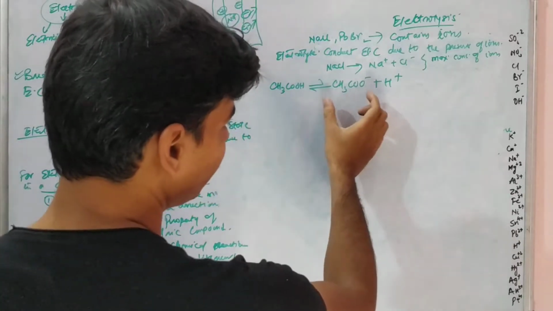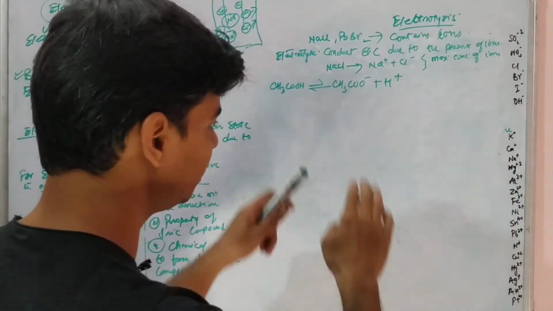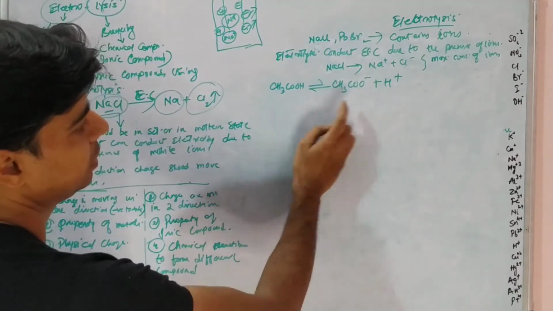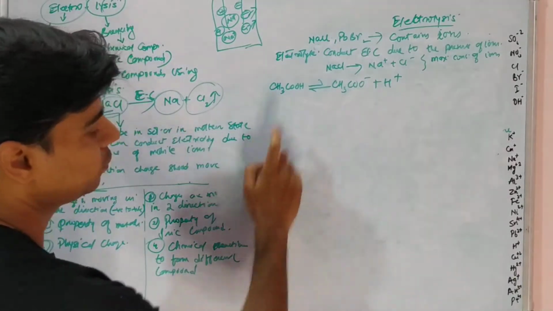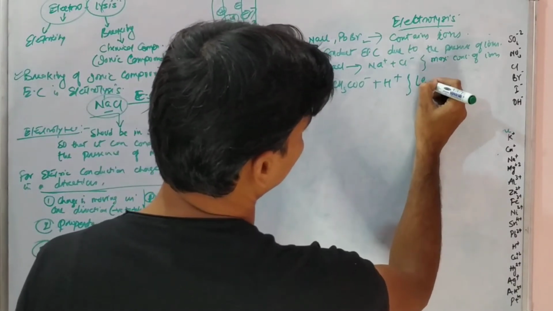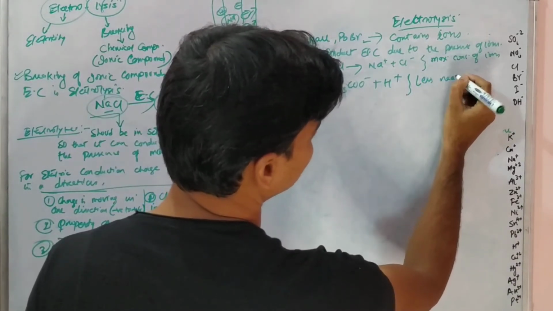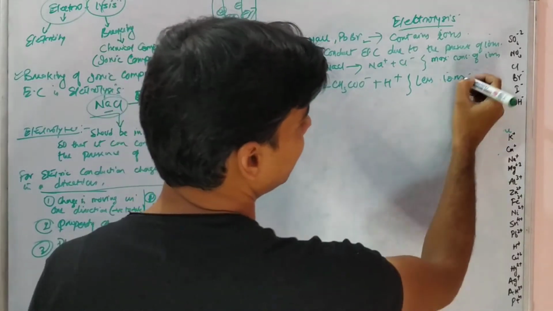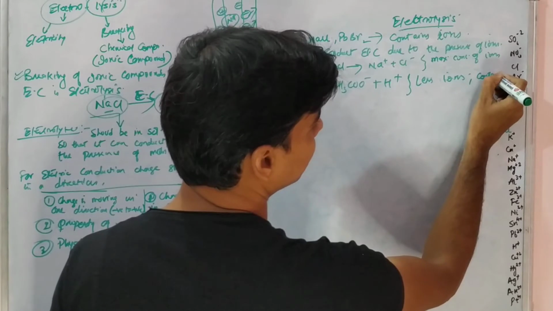So we have concentration of ions less in case of acetic acid. Why? Because there is a reverse reaction wherein these two are combining back to form reactant. So here we have less ions, and it contains molecules as well.